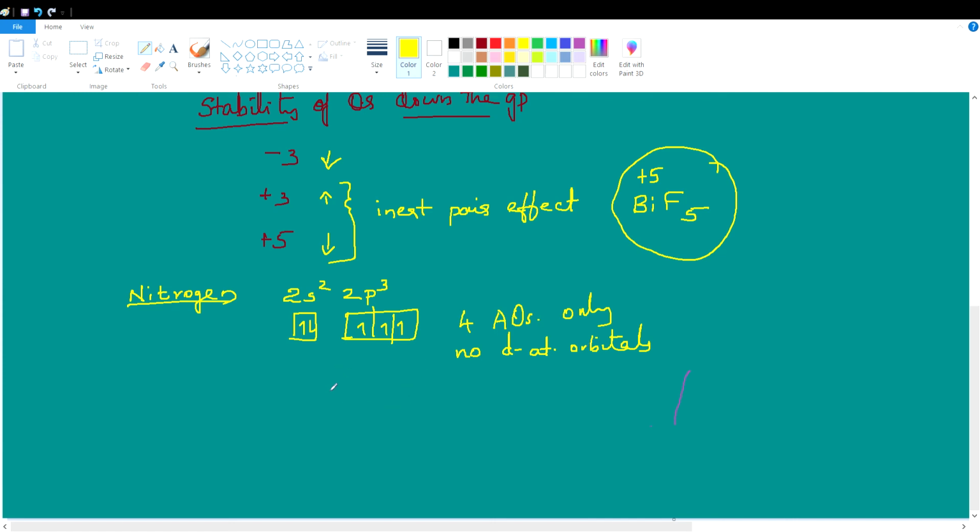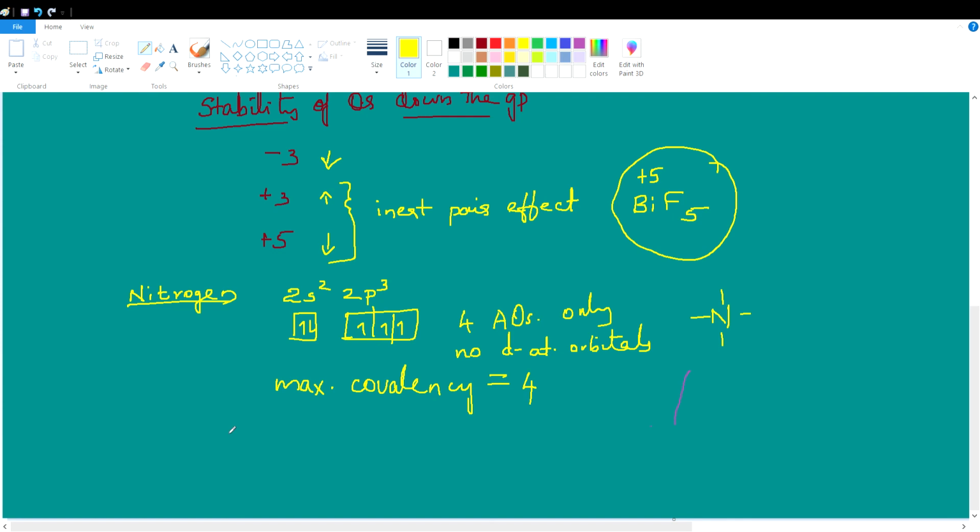These properties make the chemistry of nitrogen different from other members of the group. Because it contains only 4 atomic orbitals in the valence shell for bonding, nitrogen can form a maximum of 4 covalent bonds around it. That is, the maximum covalency of nitrogen is limited to 4.